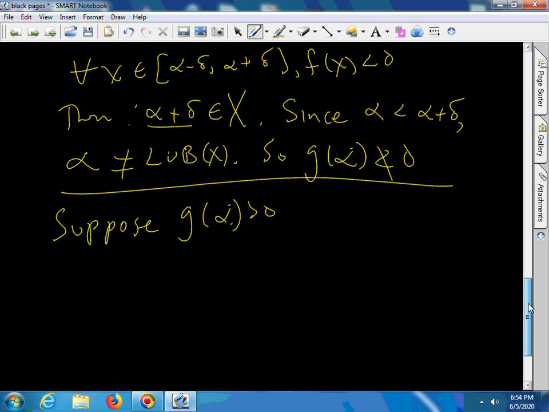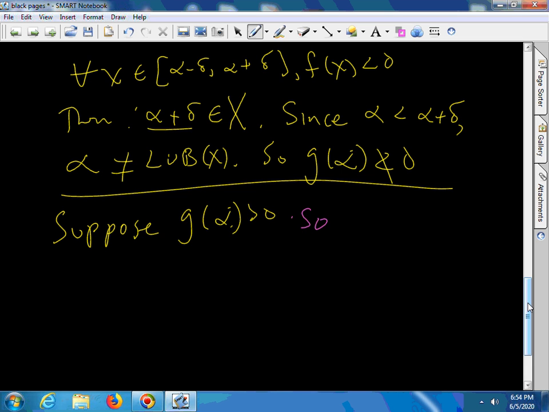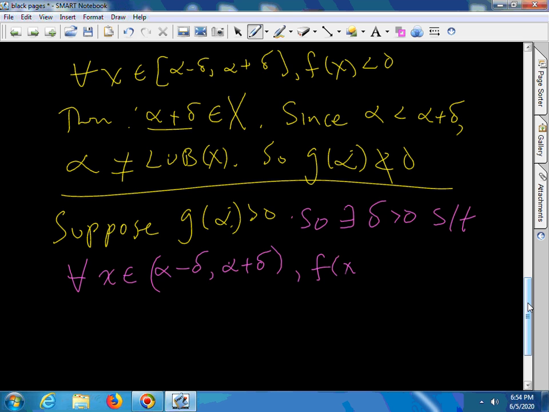And let's see what we can do. So there exists a positive delta such that for all x in alpha minus delta to alpha plus delta, f of x is positive. And I do have one little error. These should be closed intervals. Okay.